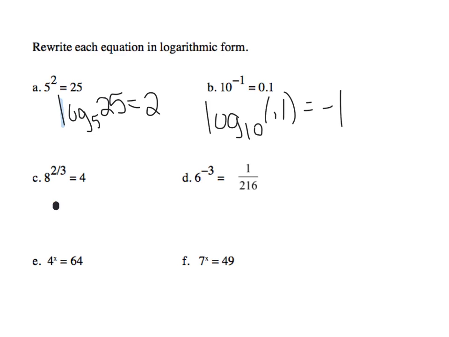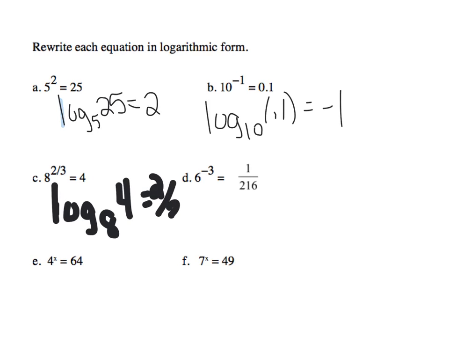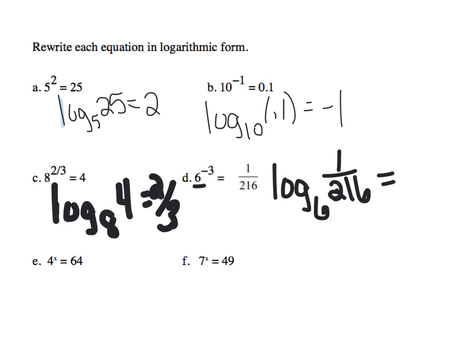Again, our base is 8, log base 8 of 4 equals 2/3. Let's look at the next one. 6 is our base, so we're going to have log base 6 of 1 over 216 equals -3.